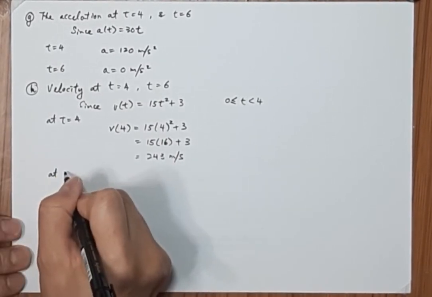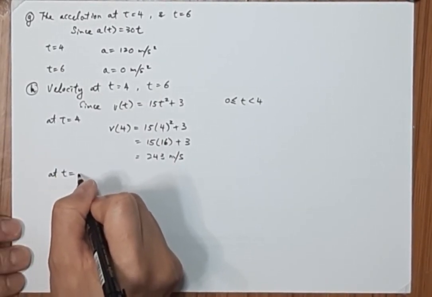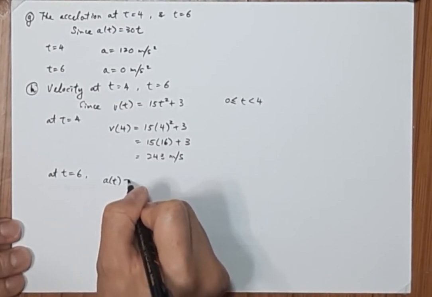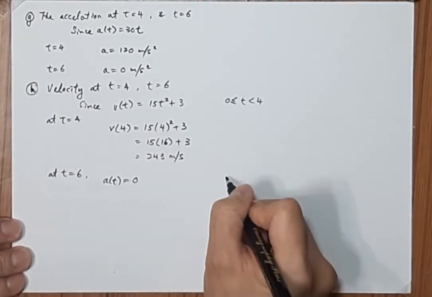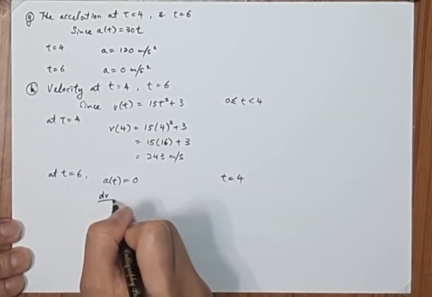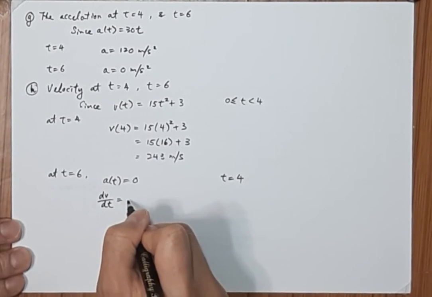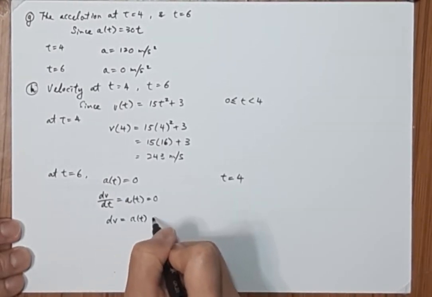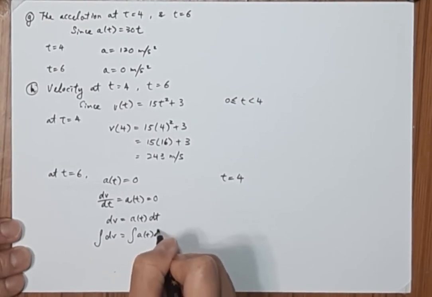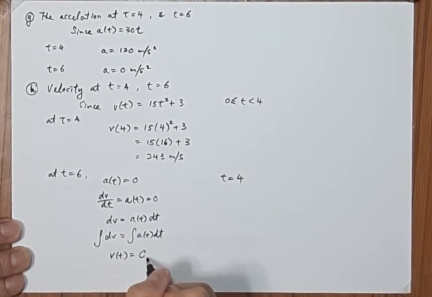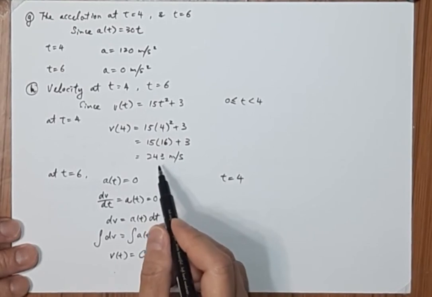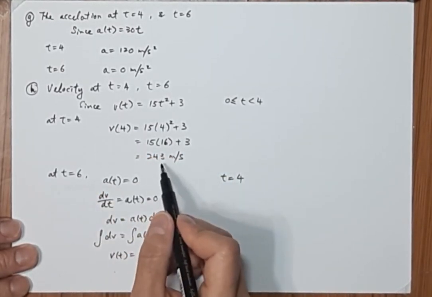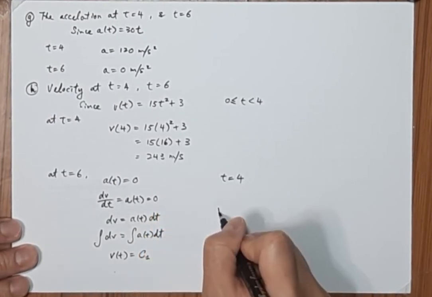But how can we calculate the velocity when t is equal to 6? Since we know that at 4 seconds the acceleration is equal to 0, and dv/dt is equal to a(t), equal to 0 for t greater than or equal to 4, thus dv is equal to a(t) dt, and we integrate both sides. v(t) should be equal to a constant, but at the time when t is equal to 4, from the above equation, we got the velocity will be 243.